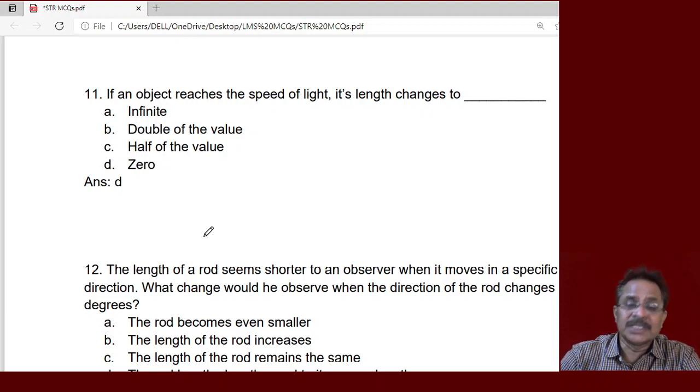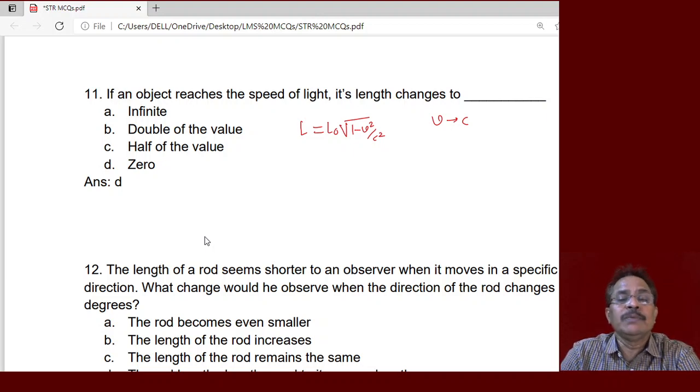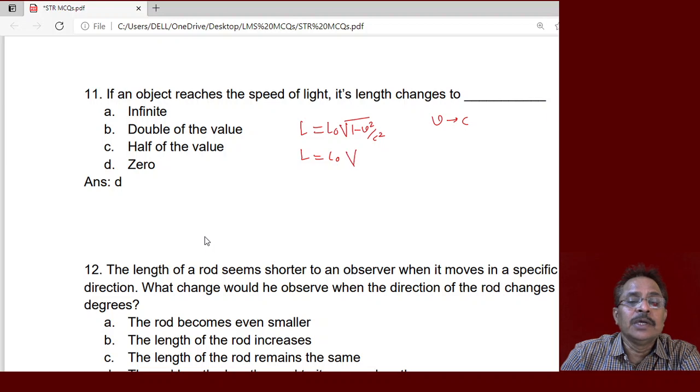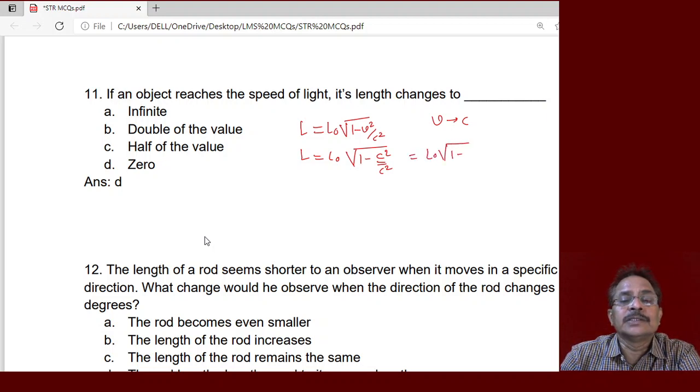Again, this is related to the formula L is equal to L0 into root of 1 minus v square upon c square. When v is approaching c, or v becomes equal to c, I will see that L is equal to L0, its original length, into root of 1 minus c square upon c square, and therefore it is going to be L0 into root of 1 minus 1. So 1 minus 1 is 0, and the square root of that is 0. So you will get simply L equal to 0.